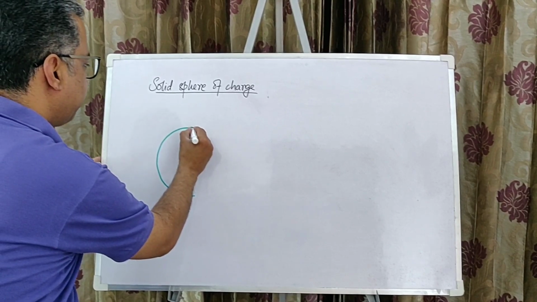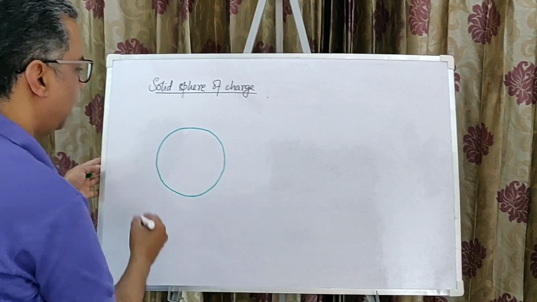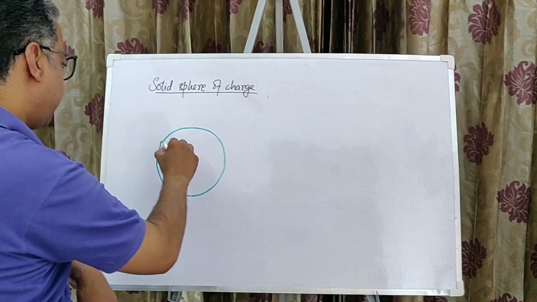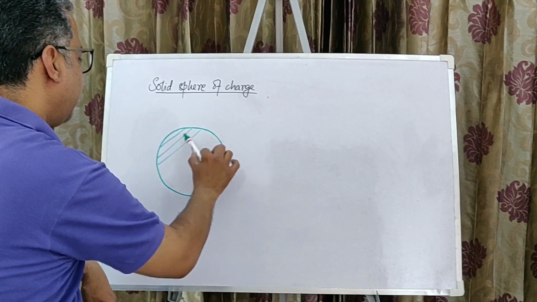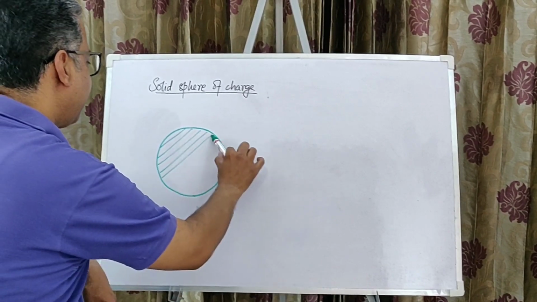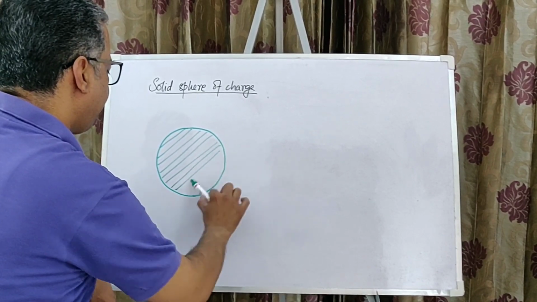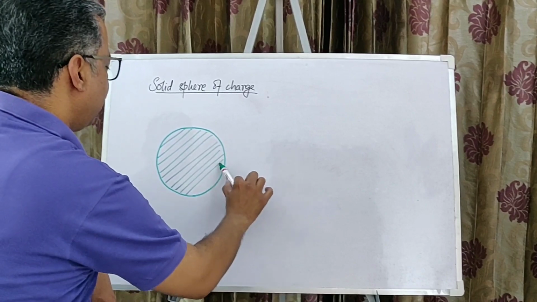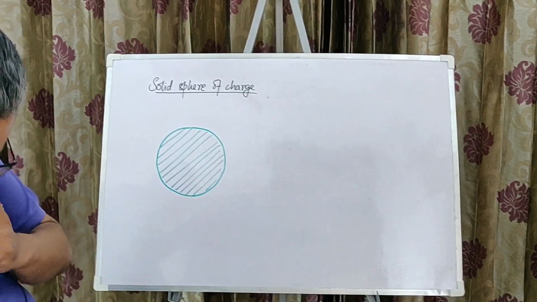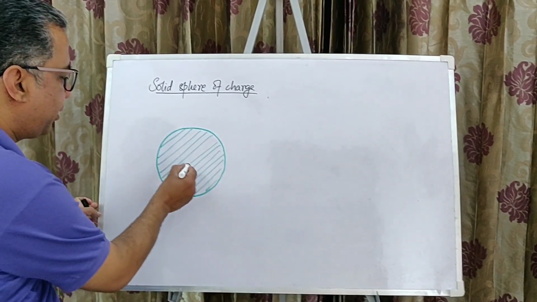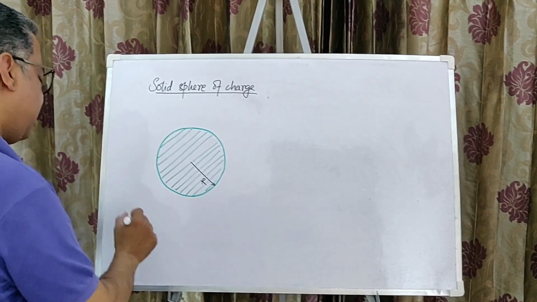Let's say this is a solid sphere of charge, and I'm shading it to indicate the fact that charge is now there in its entire volume, not just on the surface. So it has charge distributed all over its volume. The radius of this sphere is R, and the charge inside it is Q.